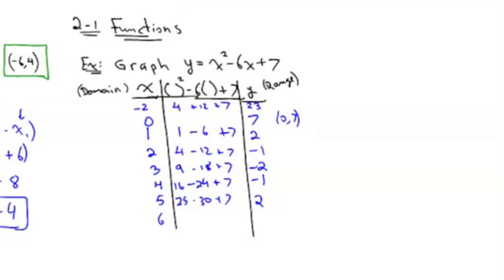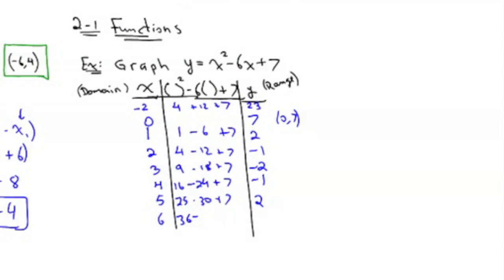6. 30. Oh, maybe I should have done negative 1. No. Hold on. I messed up, don't worry. 6 squared, 36.